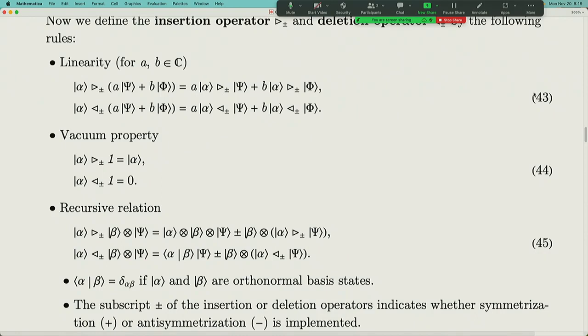If alpha and beta are identical, then their scalar product will be 1. If alpha and beta are distinct states, meaning that they are orthogonal, then this scalar product will be 0. So this is basically a searching problem. This alpha is like the conjugate gene. This beta is the gene that you want to check. And then you calculate their scalar product.